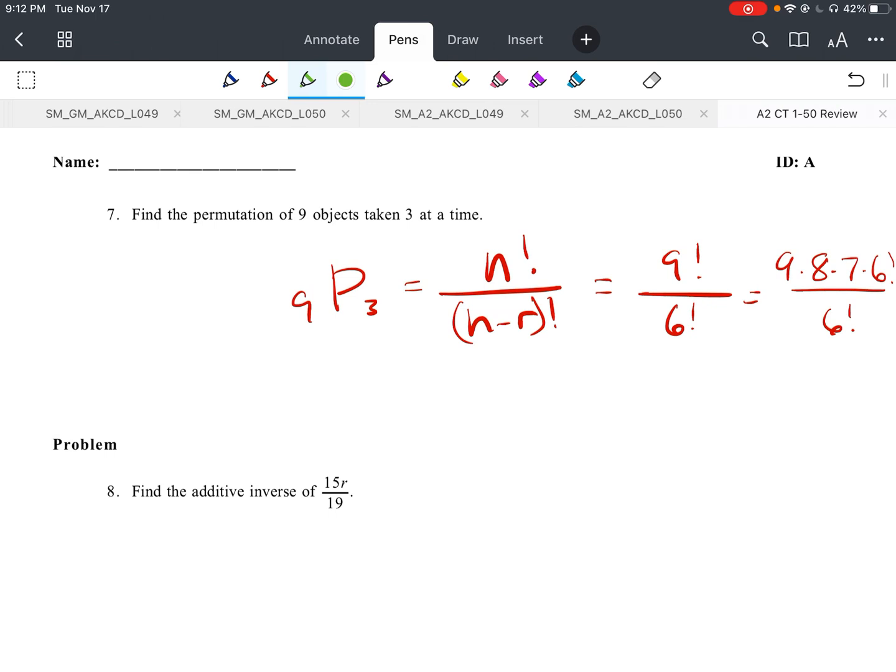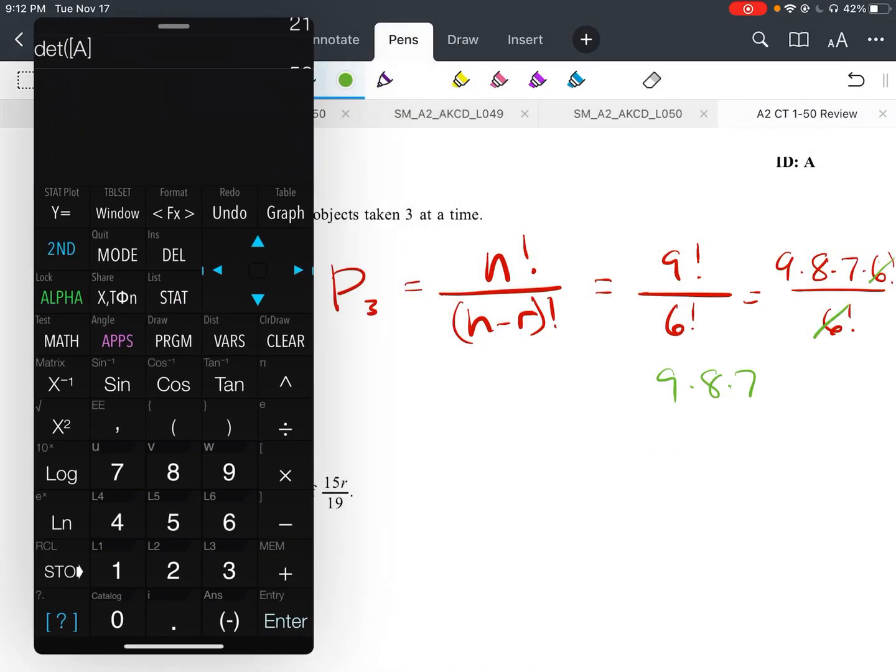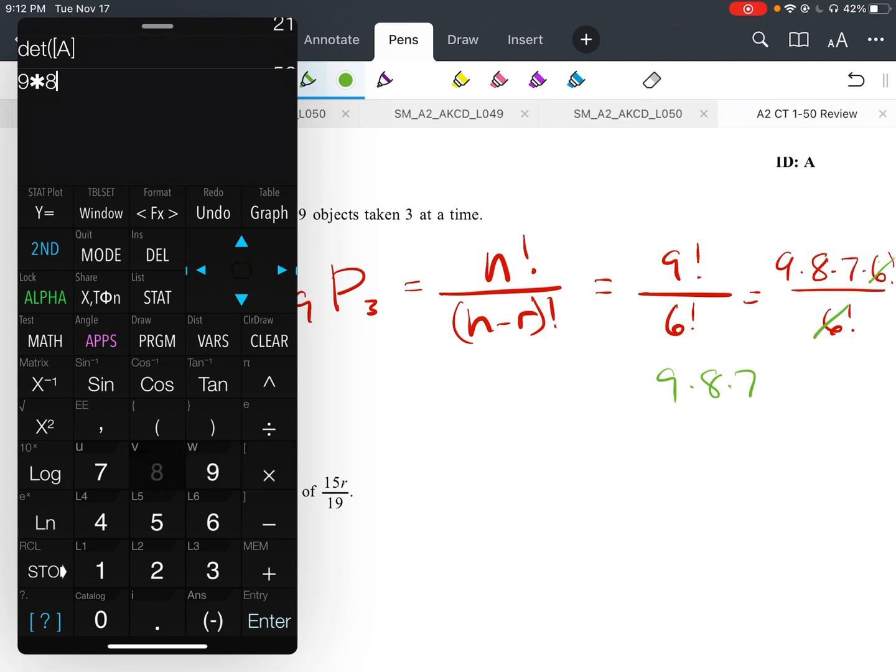Notice how I stopped when I got to something that would cancel on the bottom. So this is 9 times 8 times 7, which is 504. Let's verify it using the calculator. And this is a good way anyway, so I'm going to hit, you have to hit the number first.